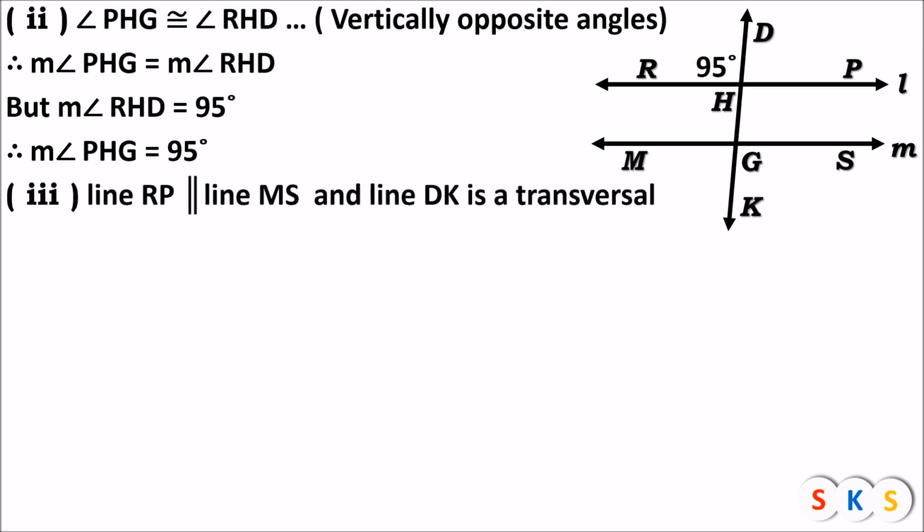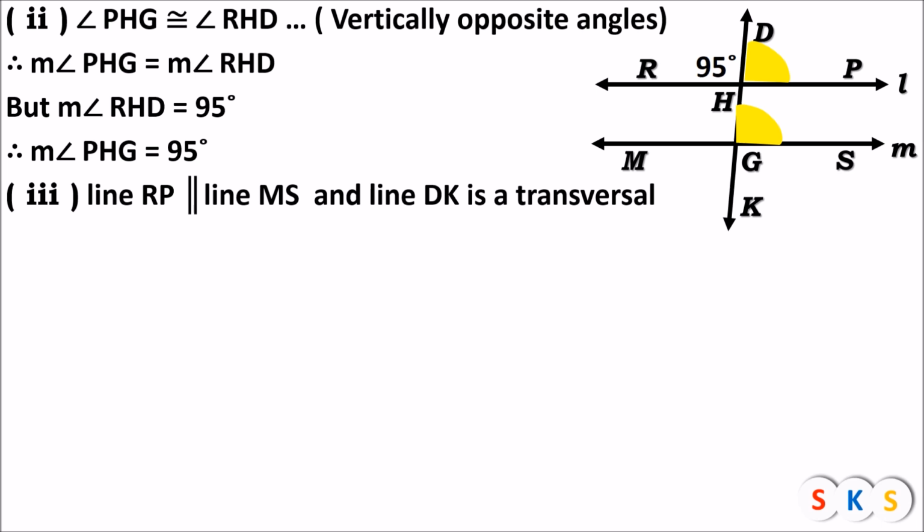Now we will find the third one. Here line RP is parallel to line MS and line DK is a transversal. Therefore, look at this figure. Measure angle HGS and angle DHP will be congruent. Why? Because they are corresponding angles.